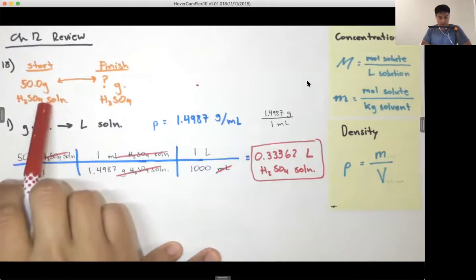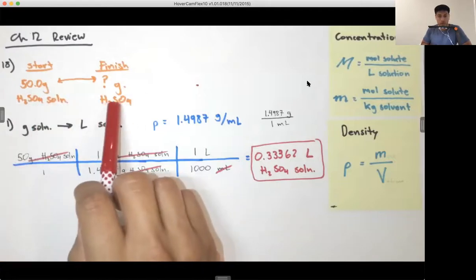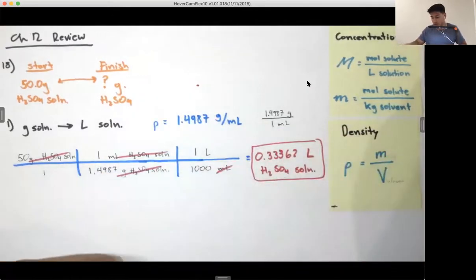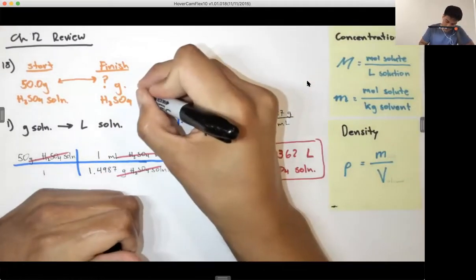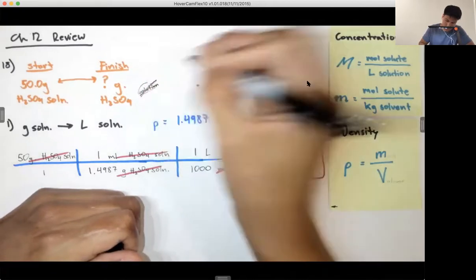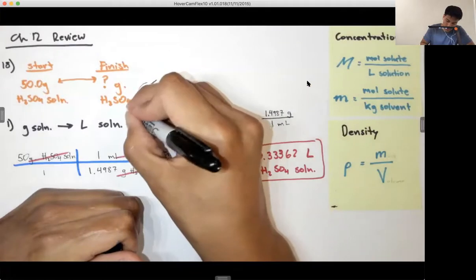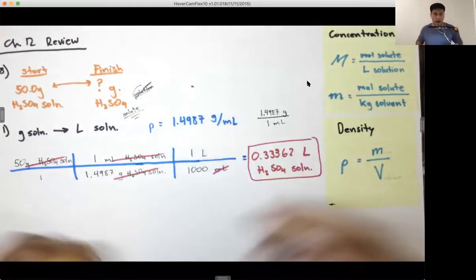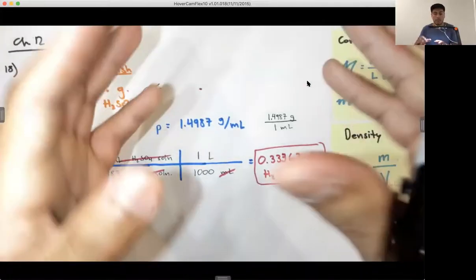We started with grams of H2SO4. We just want to know the grams of H2SO4, not solution. We want to know the solute, the actual H2SO4 that's dissolved.